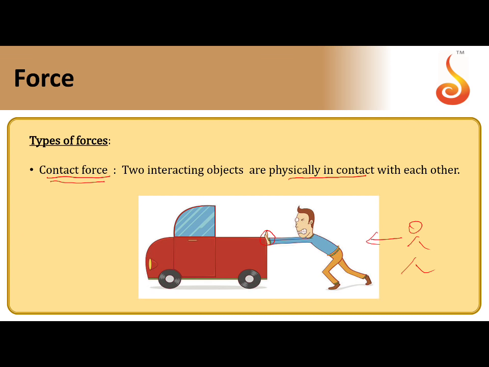Like somebody slaps you, he can't stand 1 kilometer away from you and slap. There should be a contact between his hand and your cheek. Then only the force will act. These forces are called as contact forces.